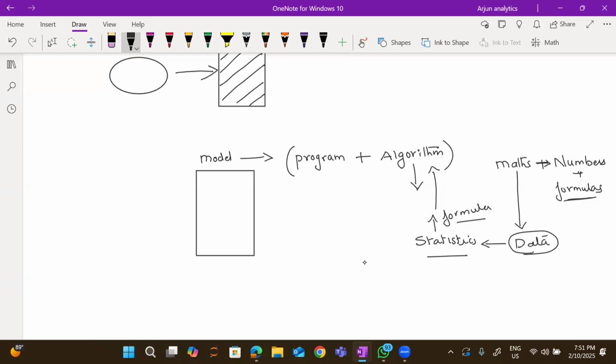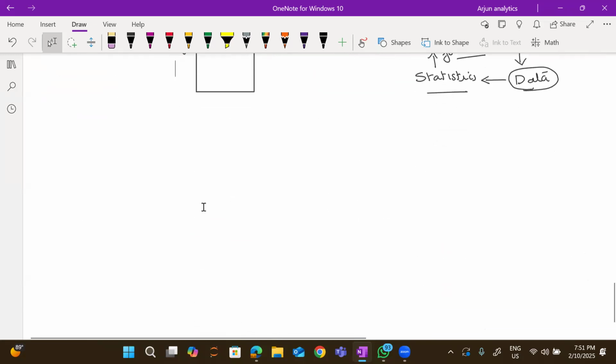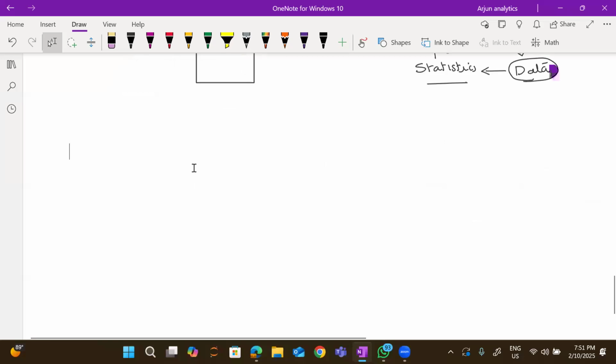Okay. This is what is called a model. Now, you know what data science is. What is artificial intelligence? How will you define artificial intelligence? Now, again, there are different definitions.